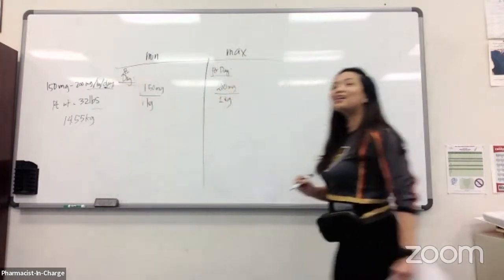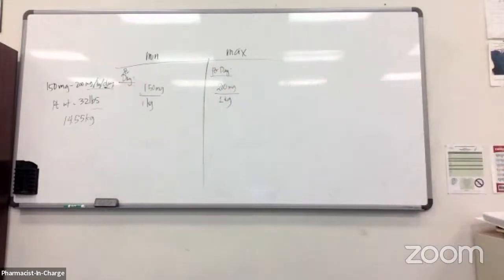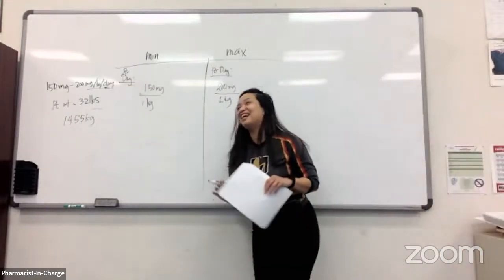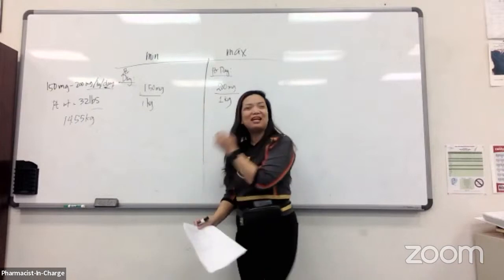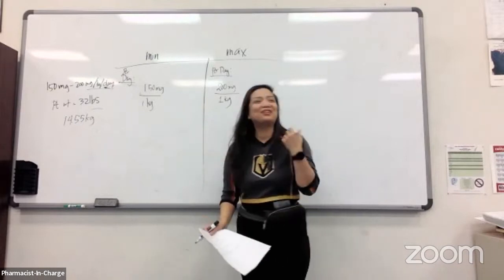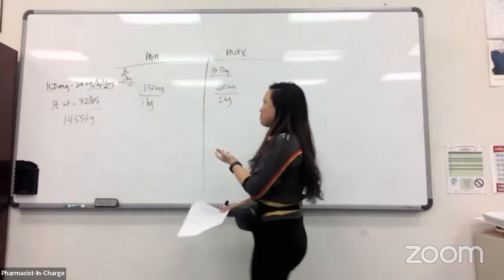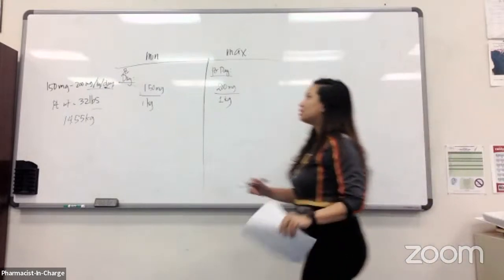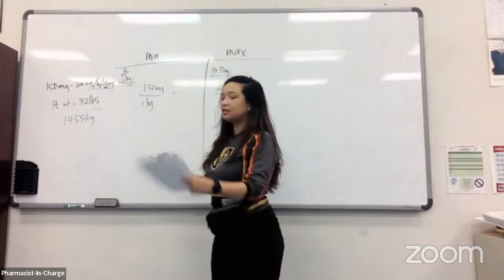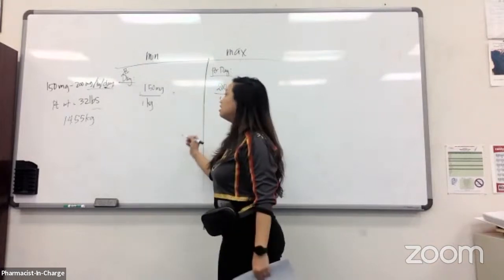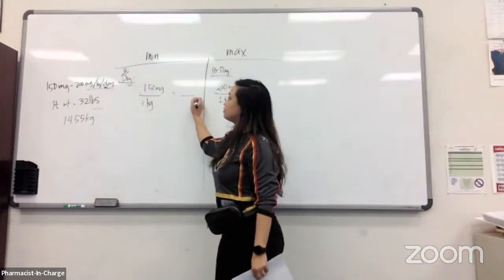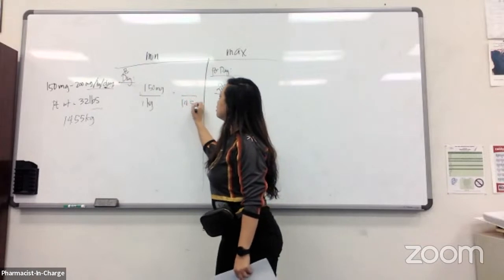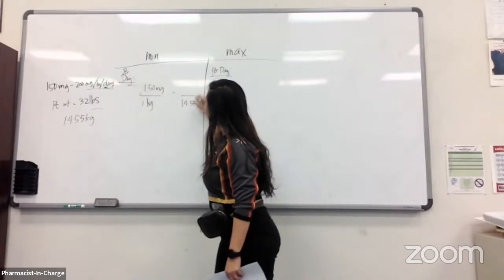Pretend this is my test paper or my scratch paper. So that's your minimum and maximum. It's already set up. But the patient, Janelle, is not just a kilogram. Janelle is 14.55 kilograms.